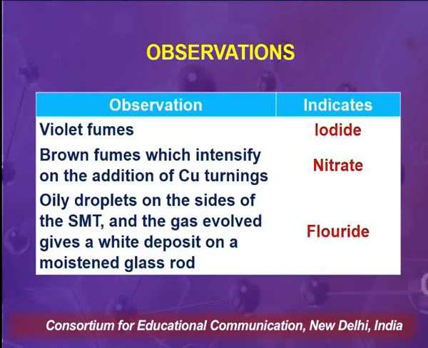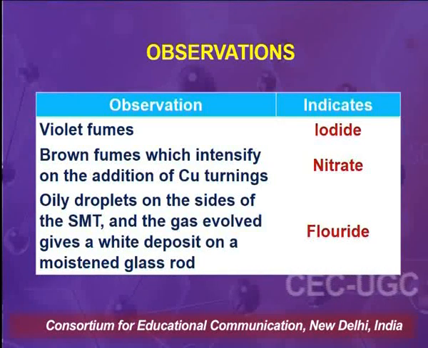In the third observation, if violet fumes are seen on the action of concentrated sulfuric acid on the mixture, it indicates the presence of iodide ions in the mixture. Fourthly, if brown fumes which intensify on the addition of copper turnings are observed, it indicates the presence of nitrate ions in the mixture.